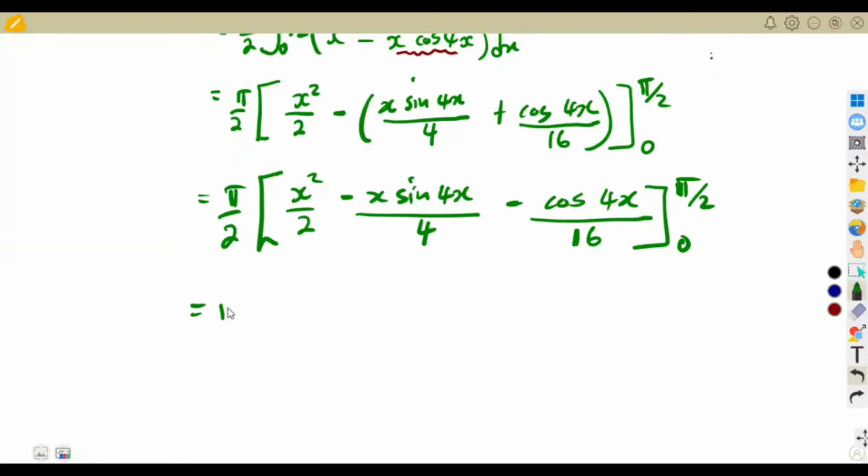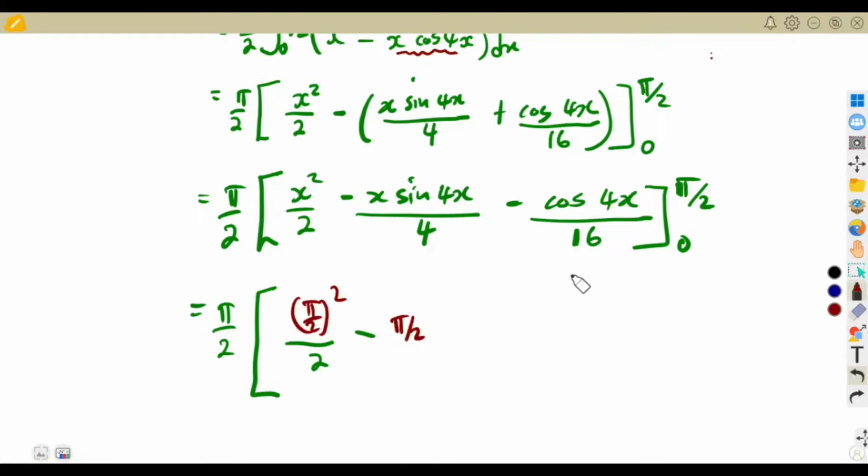In place of x, we're going to substitute pi over 2. So this is simply pi over 2 squared, that's our upper limit, over 2, minus our x, which is pi over 2, over 2.